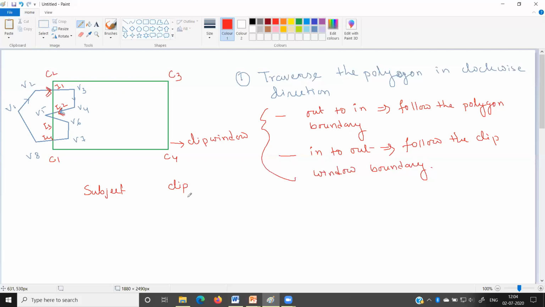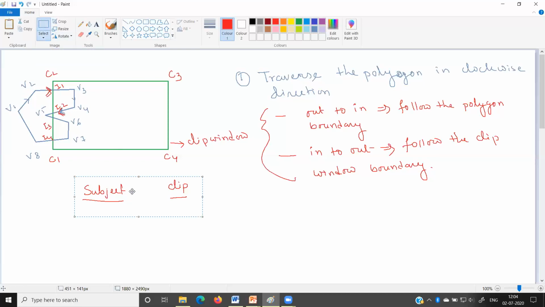The subject list has the intersection points and vertices of the polygon, and the clip list will have the intersection points and the vertices of the clip window in clockwise direction. Fine. So again, we will prepare two lists: one is the subject list and another is the clip list.